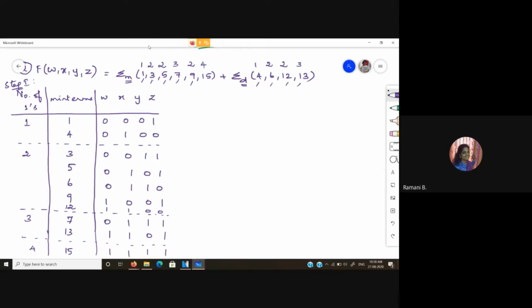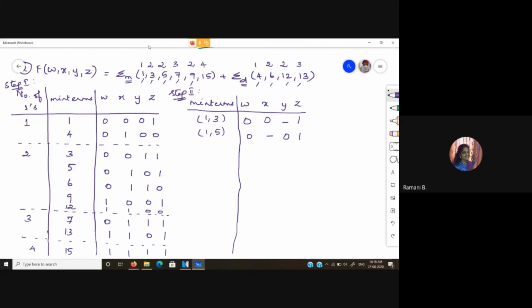Okay, so next we shall start comparing between the groups. So we will be having the minterms and the variables w, x, y and z. So comparing 1 with 3, we have 0 0 dash 1. Then comparing 1 with 5, 0 dash 0 1.